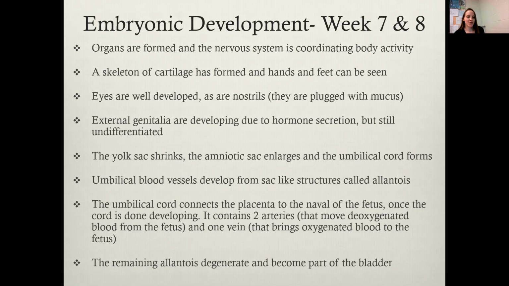It is going to contain 2 arteries to move deoxygenated blood from the placenta into the fetus, and then 1 vein as well, to move oxygenated blood. Some of the allantois that's not used for the umbilical cord will degenerate and form part of the bladder.